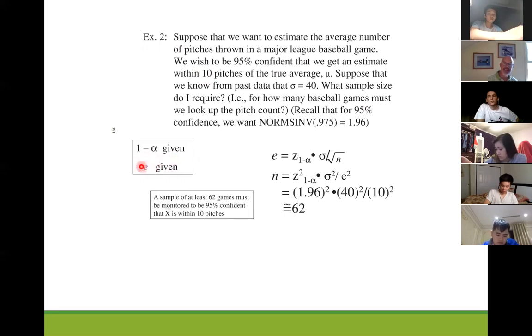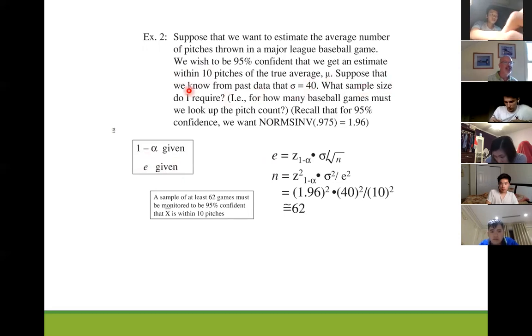The number that follows the word within is always the value of E. I mean little e. Okay, and suppose we know from past data that sigma was 40.